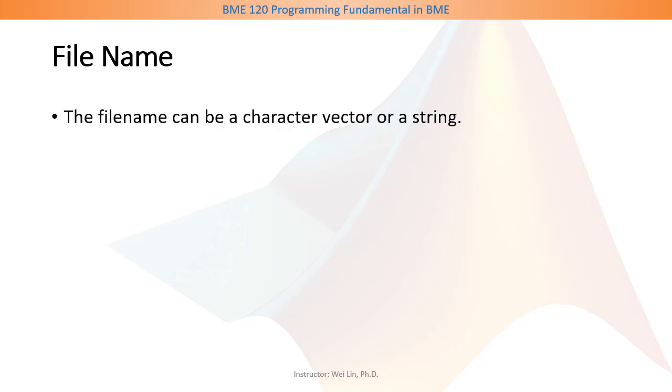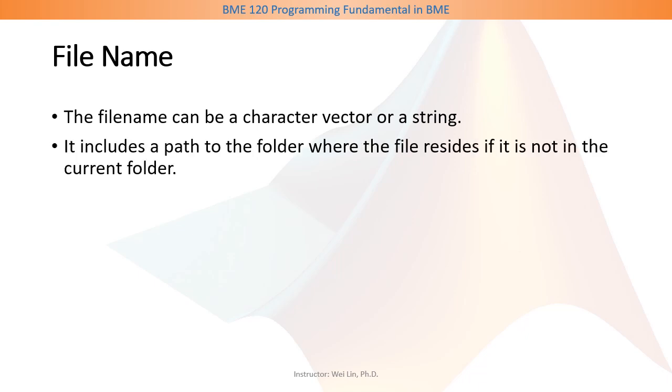Every file has a file name. In MATLAB, the file name can be a character vector or a string. If the file is not in the current folder or the folders in the search path list, you need to include a path to the folder where the file resides.